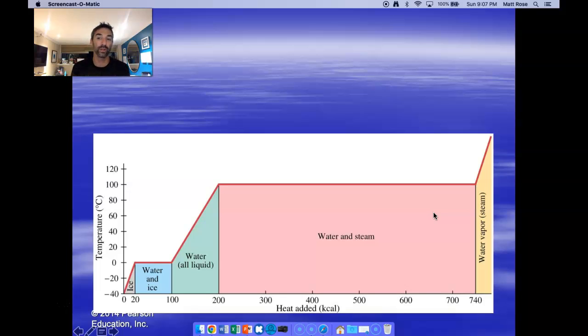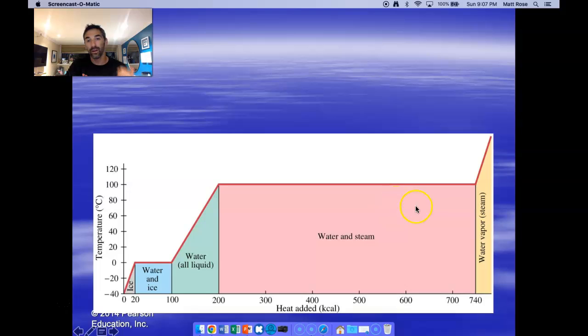That's when water is boiling. And when water boils, eventually, after I add all of this energy, 740 kilocalories, those are food calories basically, of energy, I finally get the water to be steam.